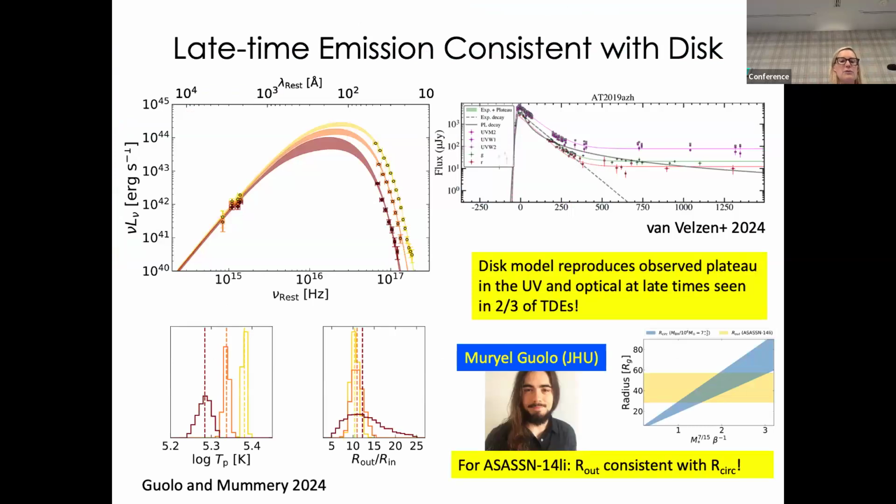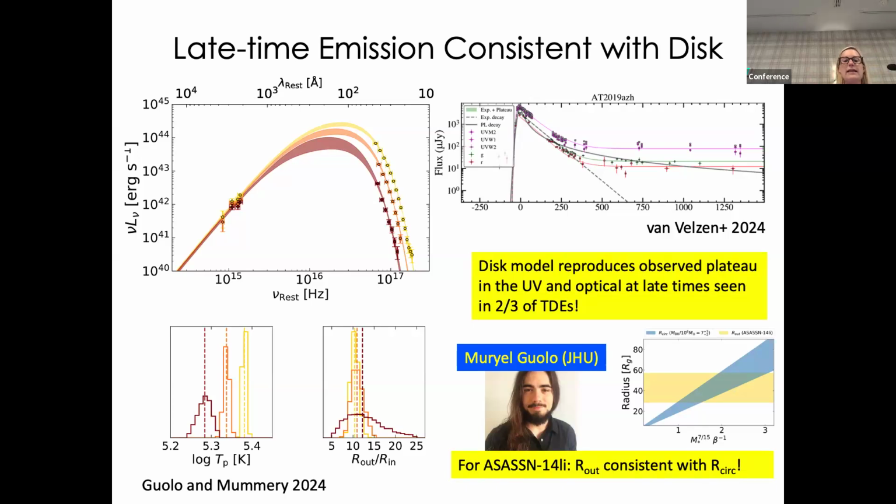And again, my graduate student, Muryel Guolo, has already started doing this with an old tidal disruption event, ASASSN-14li, where he simultaneously fit the UV, optical and the soft X-ray emission, and was able to fit for the outer radius of this compact disk, and found that it was consistent with what you'd expect for the circularization radius for a tidal disruption event of the black hole mass of this system.